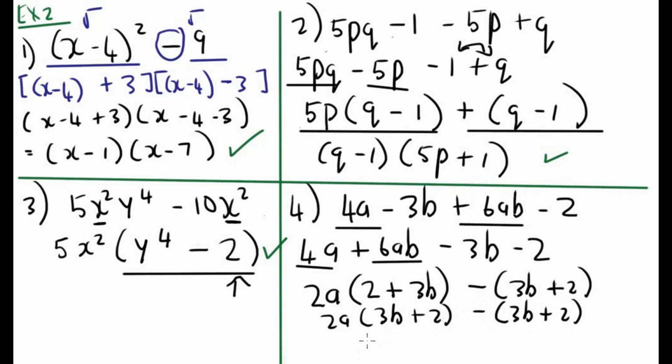So the variable term is 3b, not 2. And then I'm left here with 3b plus 2, and that's 2a minus 1. Okay, that's 2a minus 1. And that is basically my final answer. So I trust that you guys did well in this particular case. Thanks very much for listening.